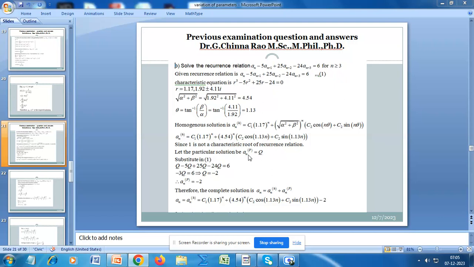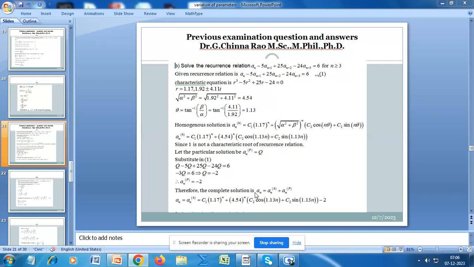And now put a_n p equal to q in 1. Then q minus 5q plus 25q minus 24q equal to 6. After simplifying, you get q equal to minus 2. So the particular solution is minus 2.